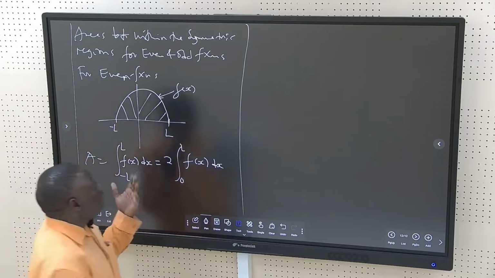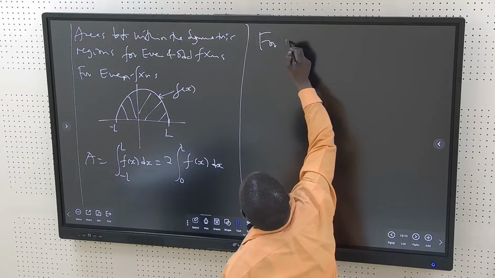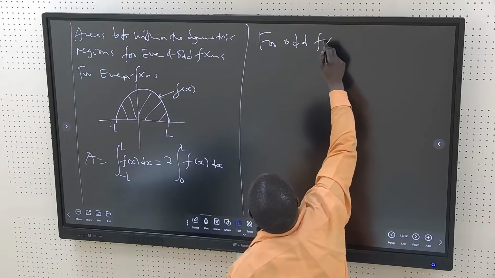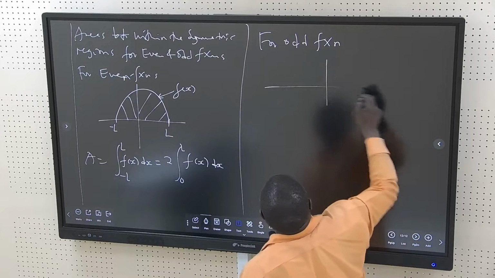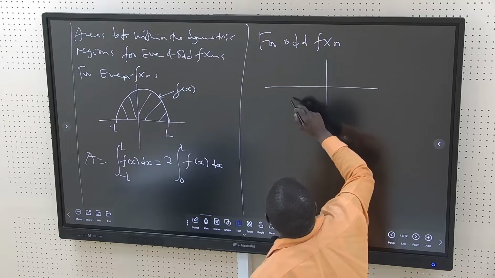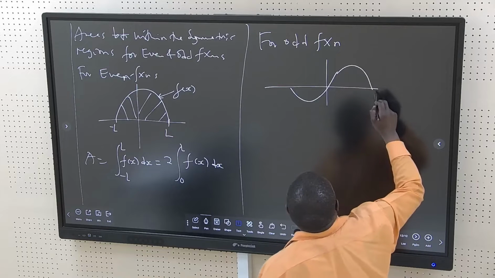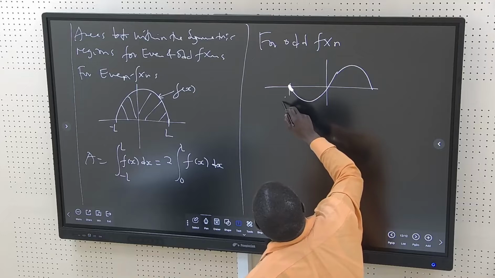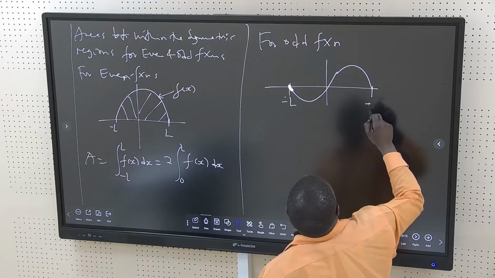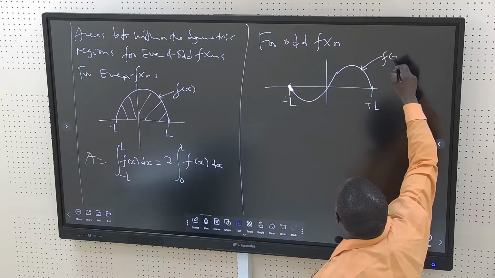And for odd functions, and the symmetric region, say for sine, here is the area from negative L to positive L. Say this is a function f of x.